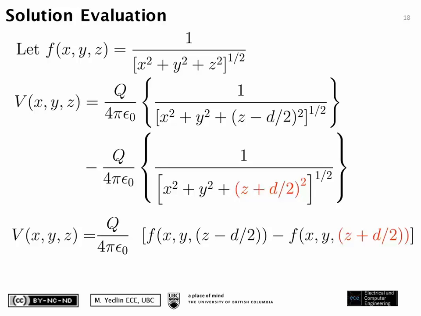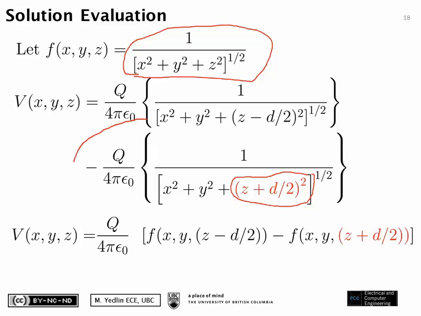In the center of this slide you can see the solution for the dipole, and I've highlighted again the z position in red. We define our function like this as before, and we can see very clearly that the first term in braces is the function like this, with z replaced by z minus d over 2, and the second term is z plus d over 2.